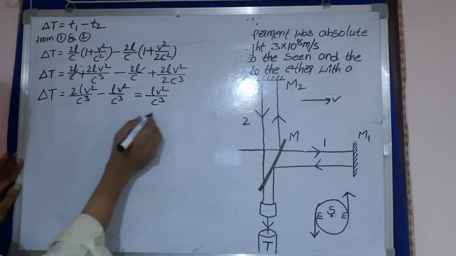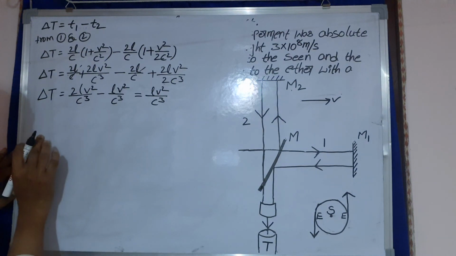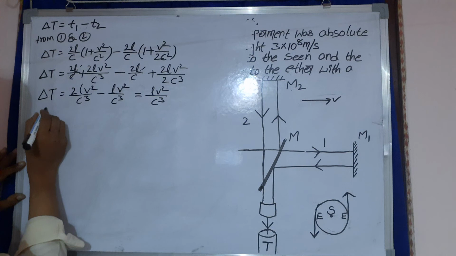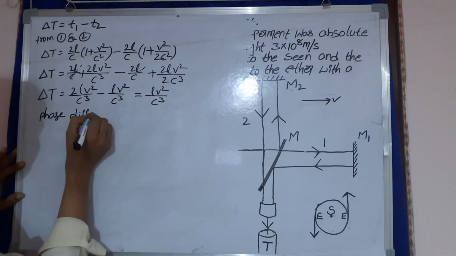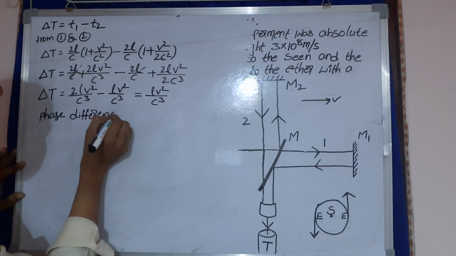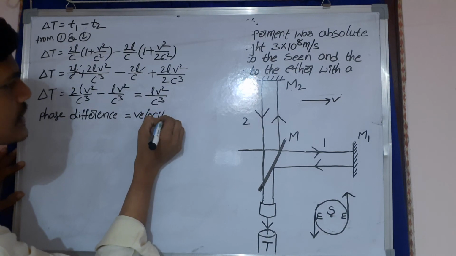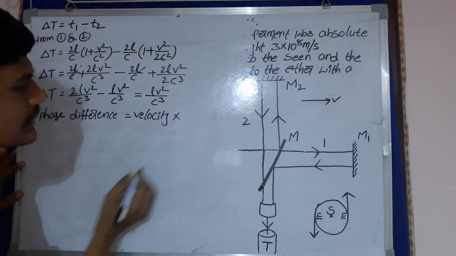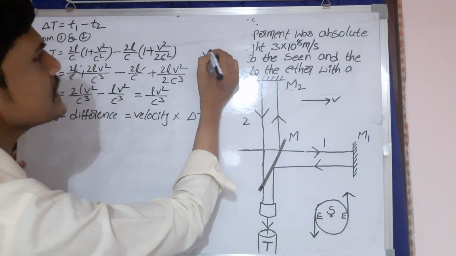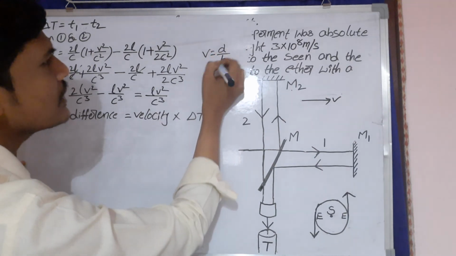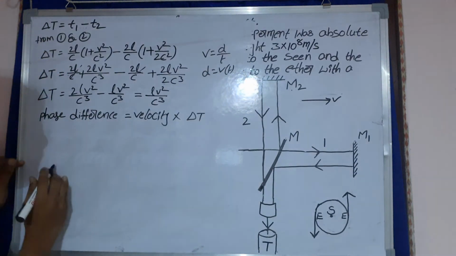Both sides applied with velocity c. And again phase difference, phase difference equals velocity into time taken, that means delta t. So velocity equal to distance by time, so distance equal to v into t. Distance means phase difference.